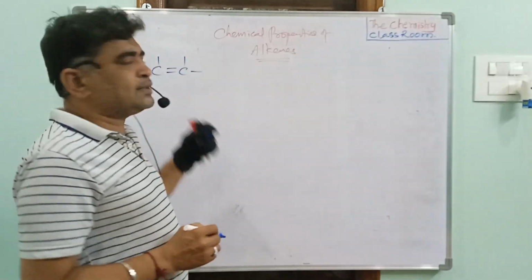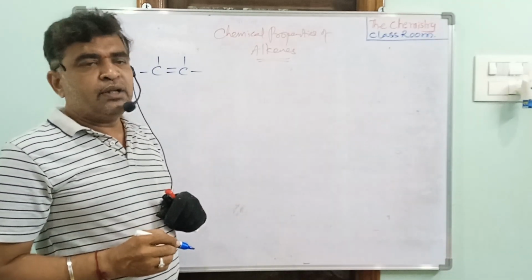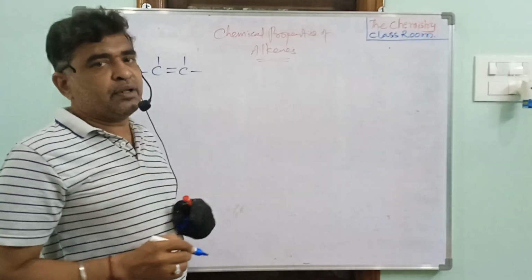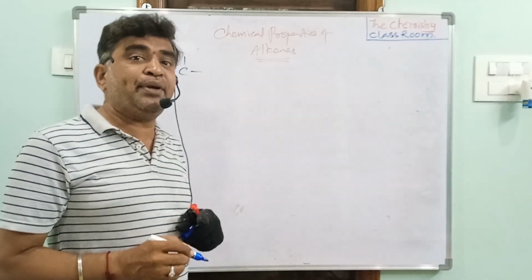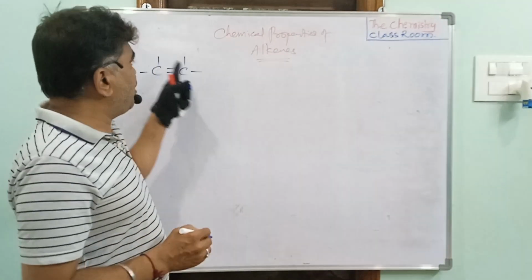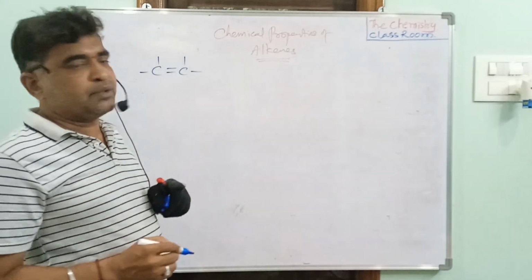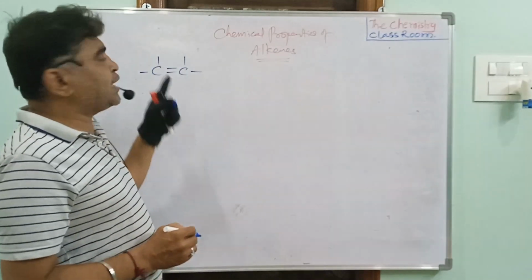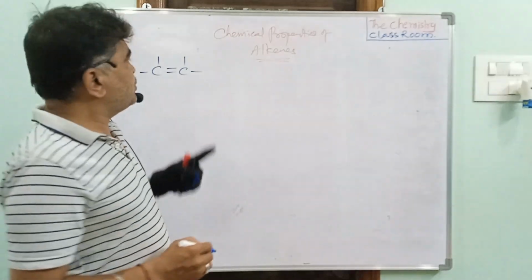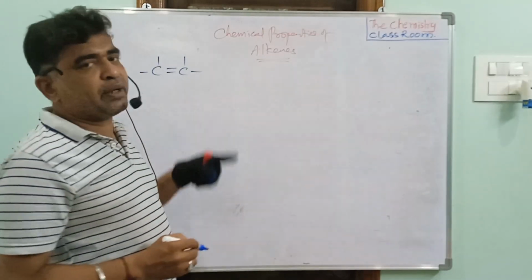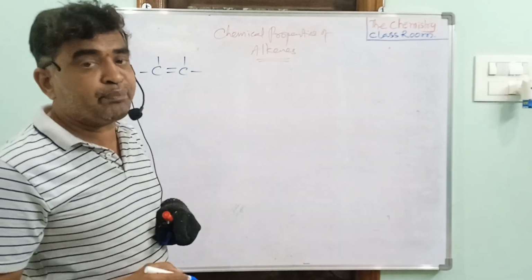Because of unsaturation, the double bond, the pi bond, is involved in chemical reactions. Why? Because here we have two types of bonds: sigma bonds and a pi bond. Between the carbon atoms we have a pi bond.